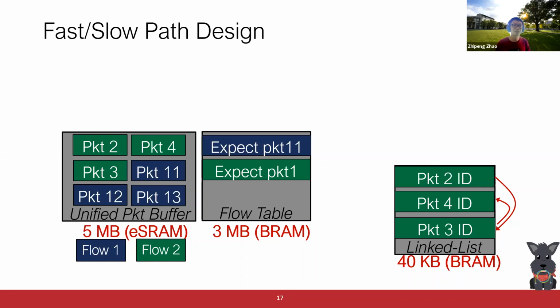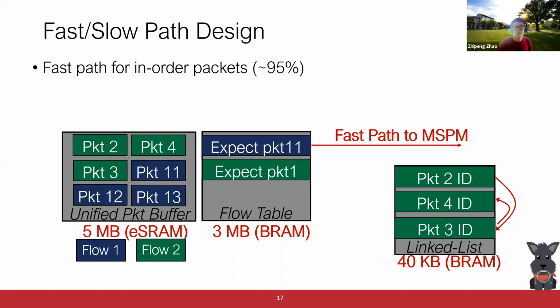And because the linked list would cause non-deterministic performance, for instance, if it happens to trigger the linked list traversal, it will take us many cycles to get executed. To isolate the performance impact of this non-deterministic execution, we develop a fast and slow path, where the fast path is responsible for handling in-order packets, which is 95% of the overall packets.